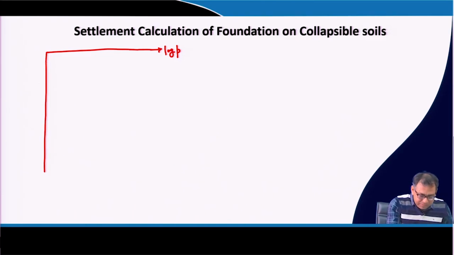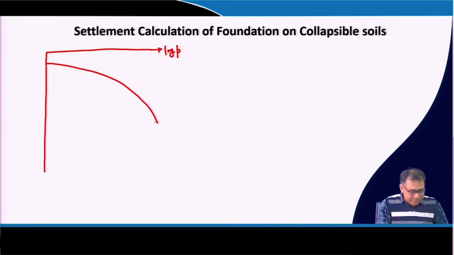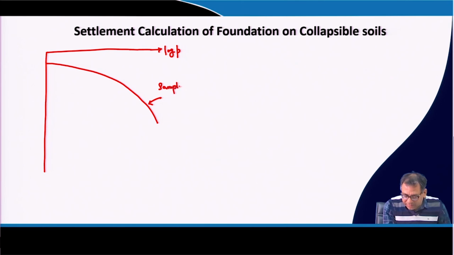So, this is the path for the sample under natural moisture content.